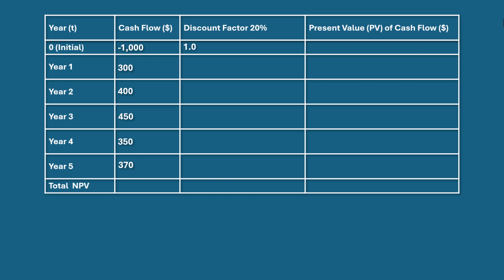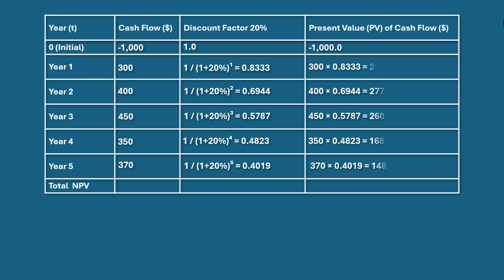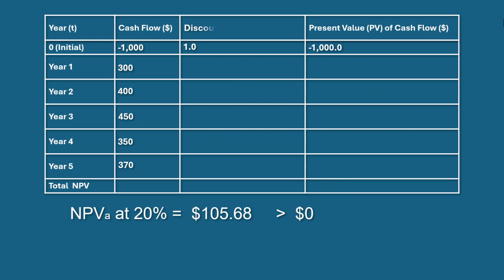At 20% discount rate, we calculate the discount factors and multiply them by the cash flows. After summing all the present values and subtracting the initial investment, we get an NPV of approximately $105.68, which is greater than zero. Now we increase the discount rate to 30%.